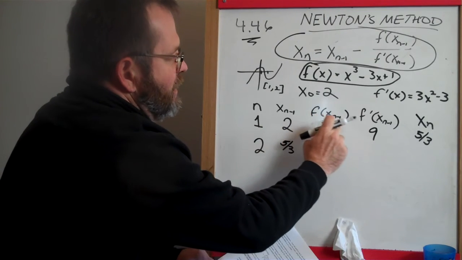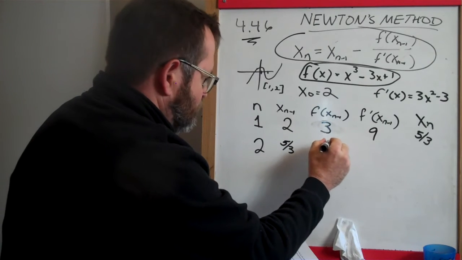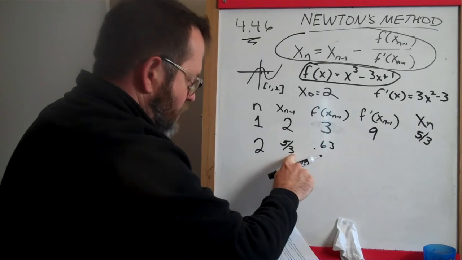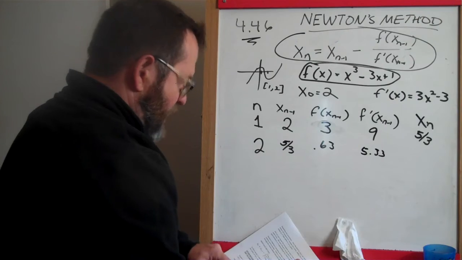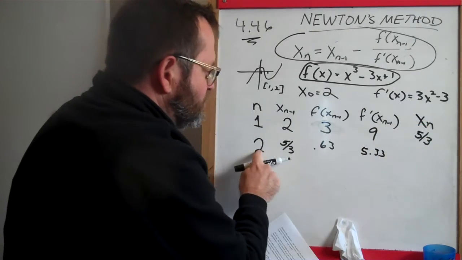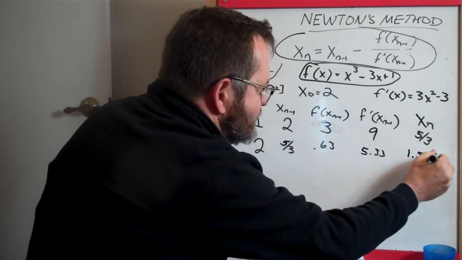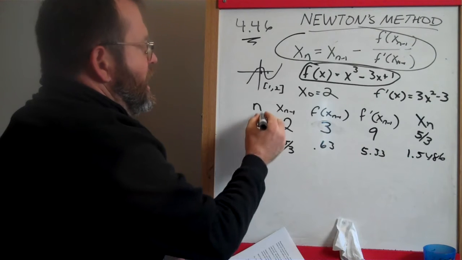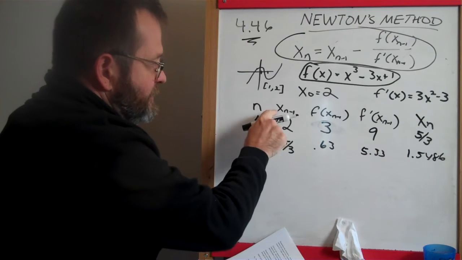That means f of x1 is equal to 0.63-ish, and we need f prime of x1, which turns out to be 5.33-ish. And that means that x2 is equal to 1.5486.